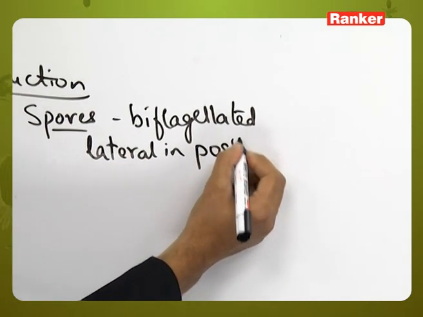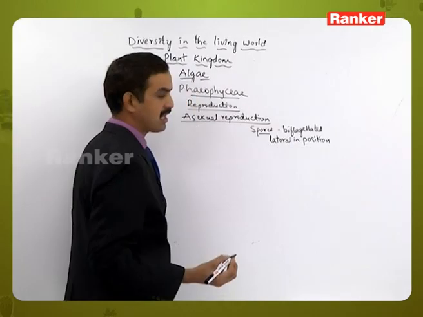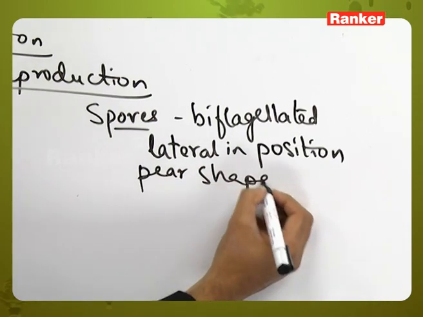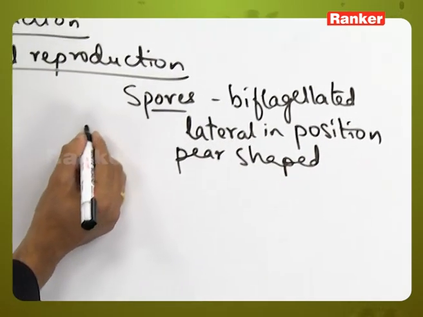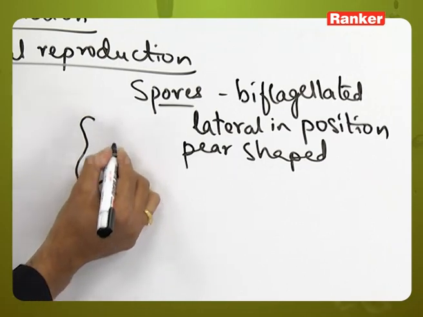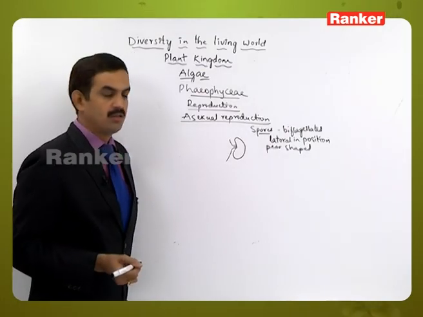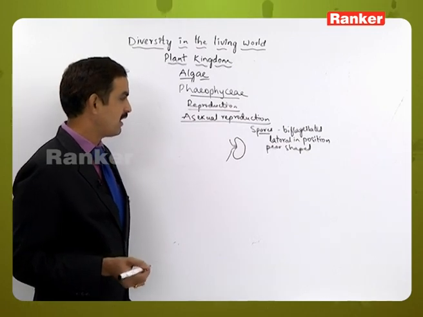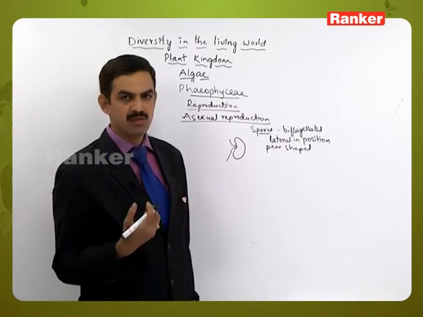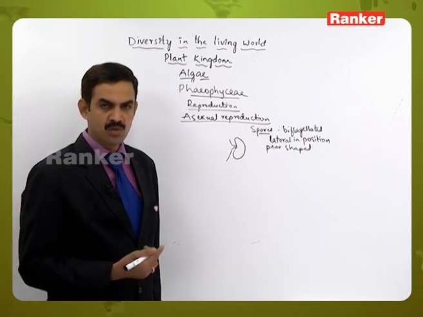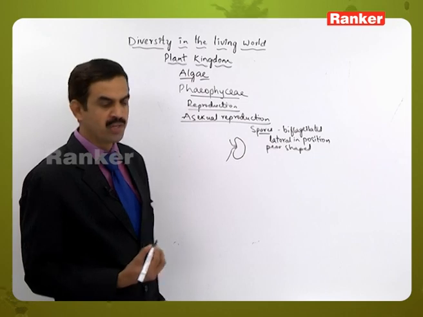The flagella are present in lateral position and these spores are pear shaped, with the lateral flagella. These motile spores, with the help of the flagella, will disperse and fall on a suitable substratum to germinate to give rise to new individuals.